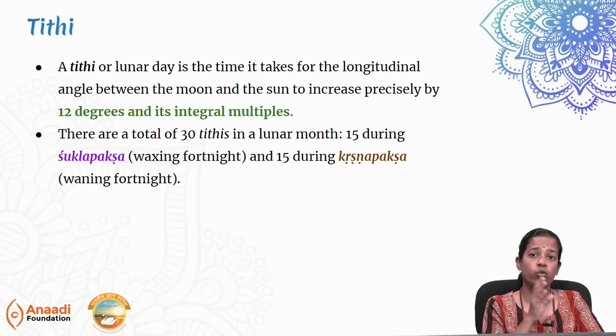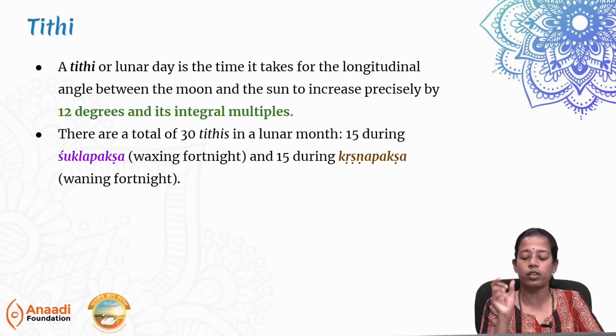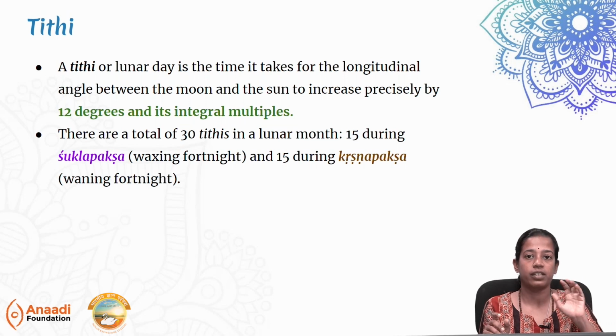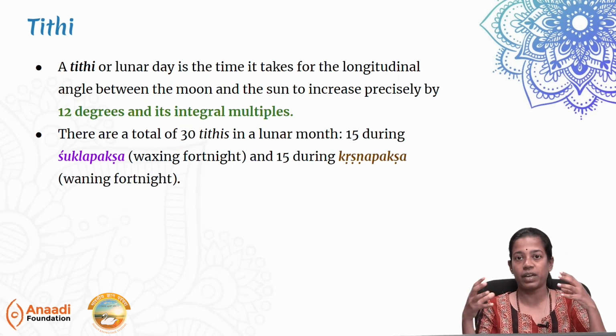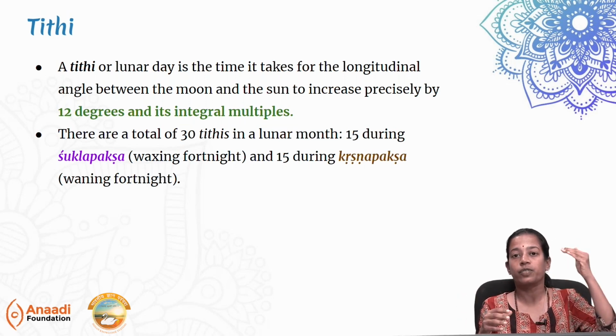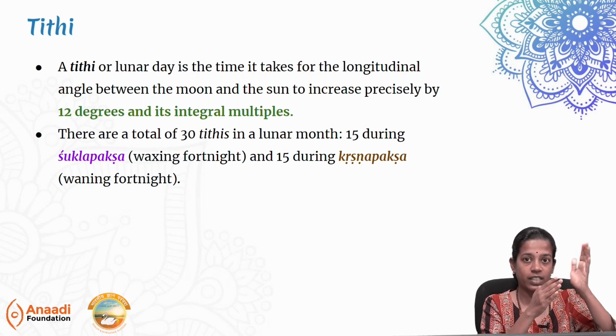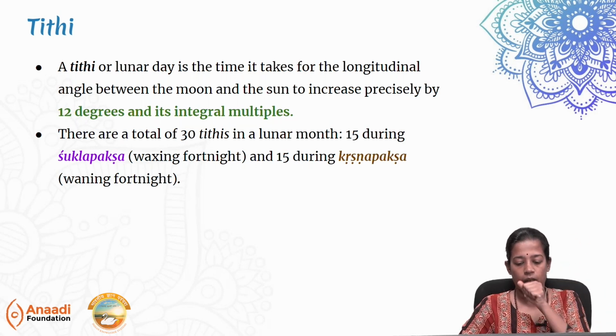So, every lunar day we are saying that it is going to be a 12 degree movement of moon with respect to the sun. That is important. With respect to sun, this is where the luni-solar aspects match. So, we are going to calculate a lunar day as the amount of time the moon specifically takes to traverse through 12 degrees with respect to the sun.